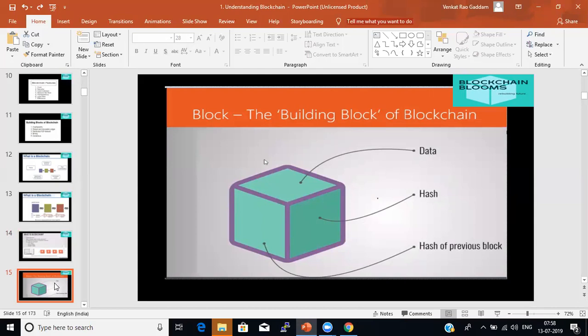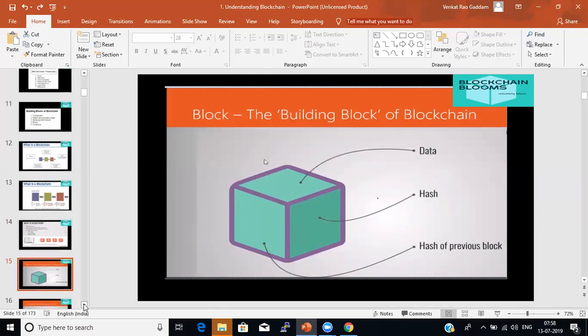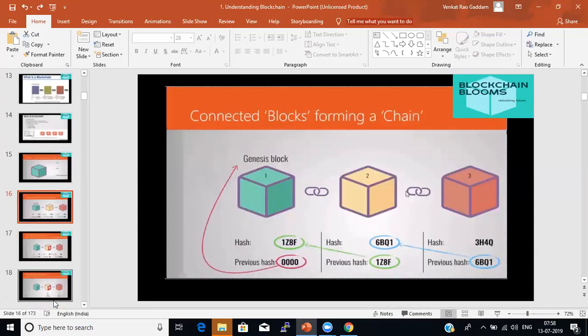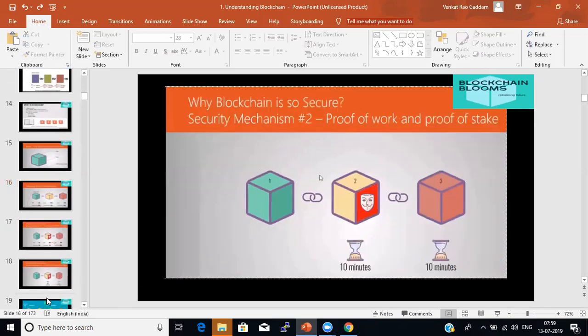The data is nothing but the transactions, and the data plus the previous block hash generates a fresh hash of the block. It also links the previous block hash. Already we have seen this slide.